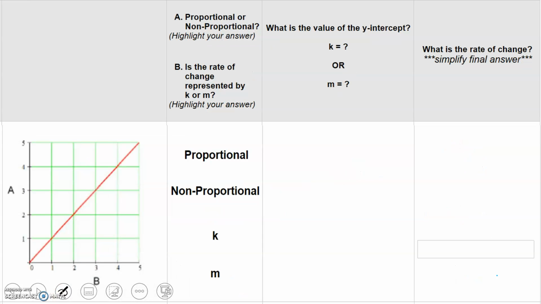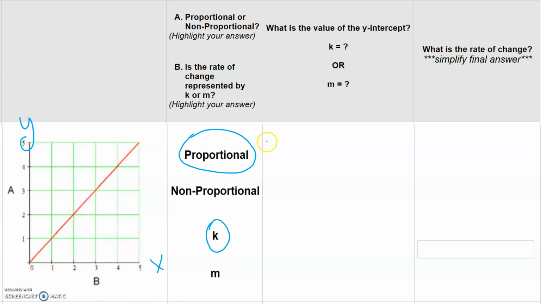Let's identify our y and x axis. Y and x. Now, is this graph proportional or non-proportional? By the looks of it, it's linear. It goes through the origin of 0 and 0. This is a proportional graph that is represented by the rate of change of k.